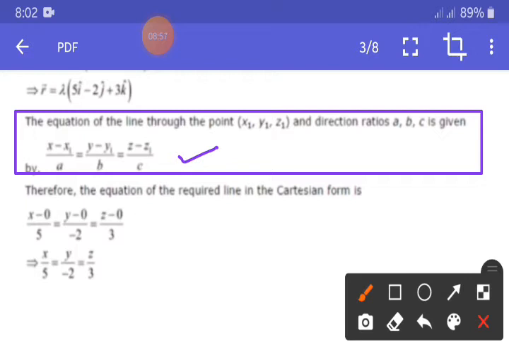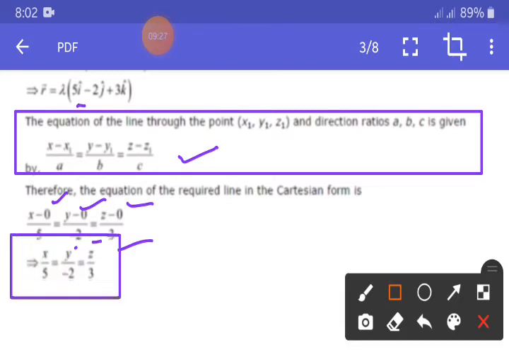Therefore, the equation of the required line in Cartesian form, with x1 = y1 = z1 = 0, is (x - 0)/5 = (y - 0)/(-2) = (z - 0)/3. Finally, the Cartesian form is x/5 = y/(-2) = z/3.